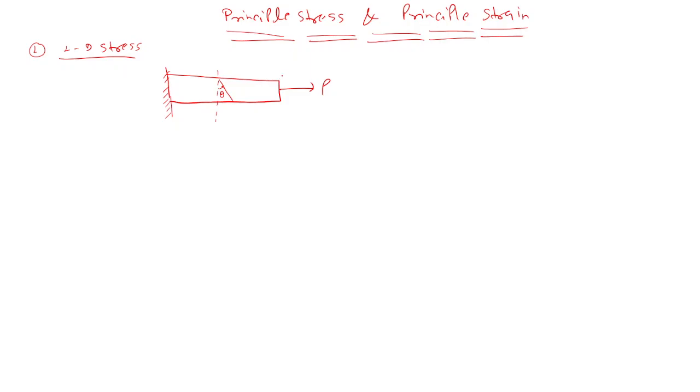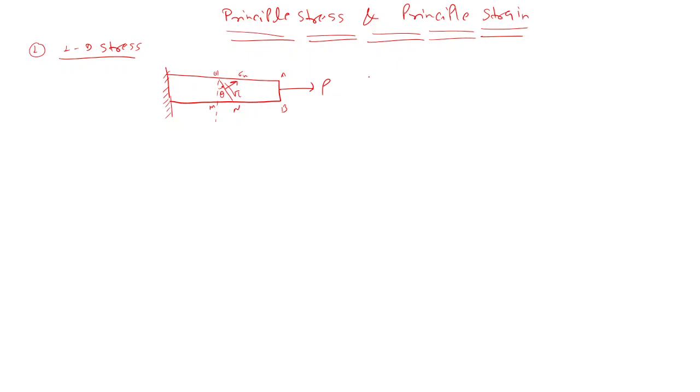One plane is this, let's suppose this is AB, and this is OM, and this is ON. In plane ON, you have to find the normal stress and the shear stress. So this is sigma N, and this is tau N.